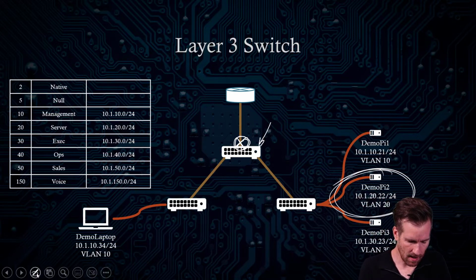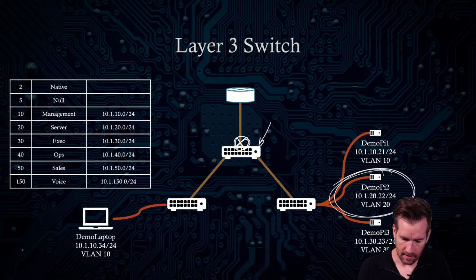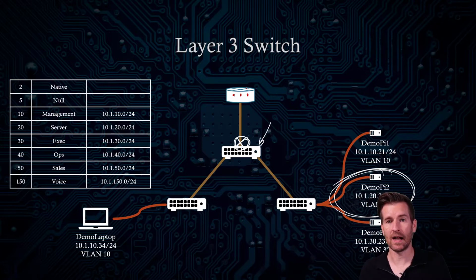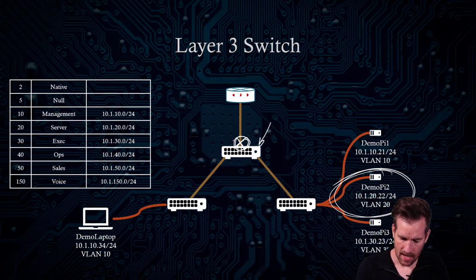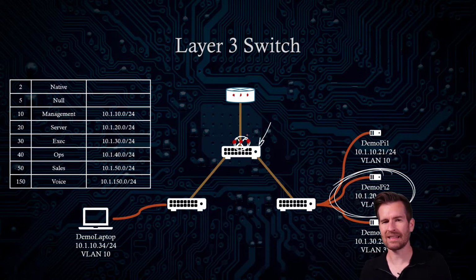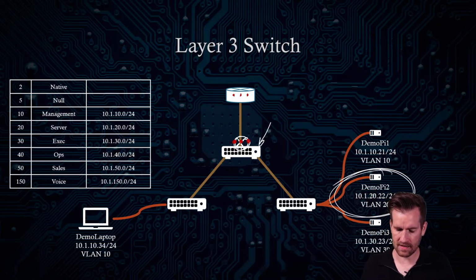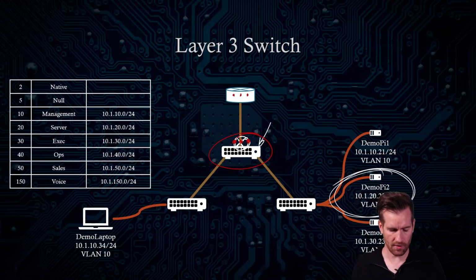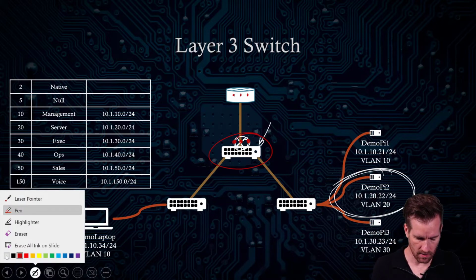And just like I showed you in my last diagram, where we had virtual interfaces on the router, that's essentially what we do with this switch. We create these virtual interfaces, or what we call an SVI, a switch virtual interface, on this switch right here. And those then route traffic between those different devices.